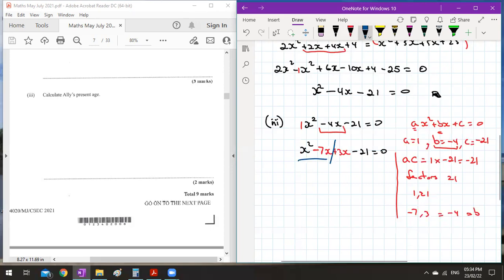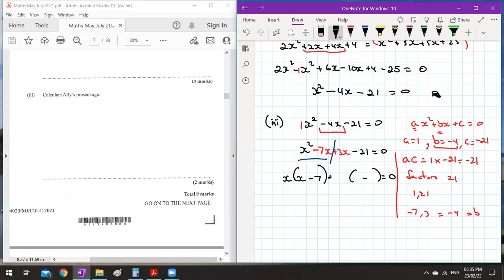We factorize the first half, with x going into both terms. So x squared divided by x gives us x. Negative 7x divided by x is negative 7. Then we want the second pair of brackets to have a negative sign there, so we want a positive value on the outside.